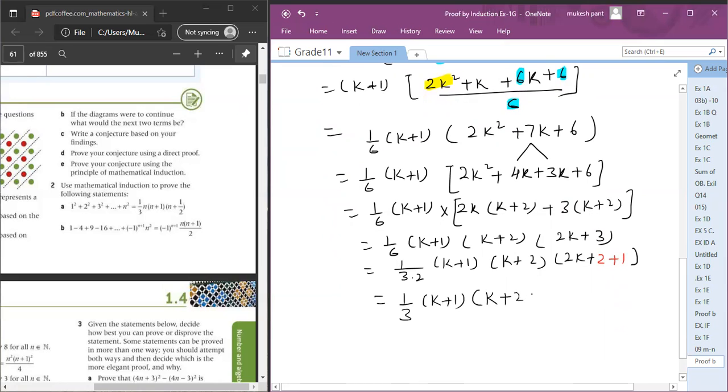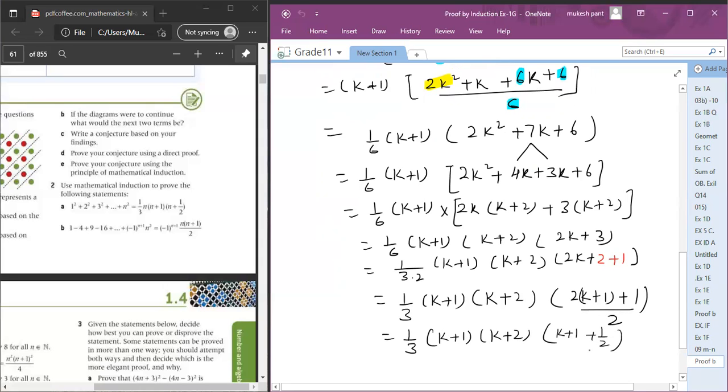This you can write as 2k, and plus 1 over 2. This 2 I'm shifting here. So this 2 will cancel this 2: 1 over 3, (k plus 1), (k plus 2), and this 2 will cancel, leaving (k plus 1) and 1 over 2.